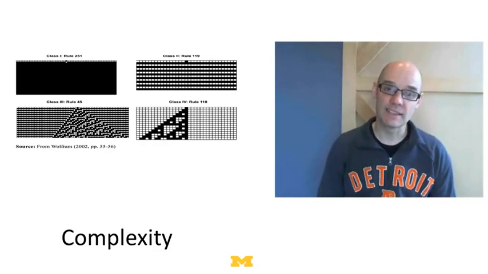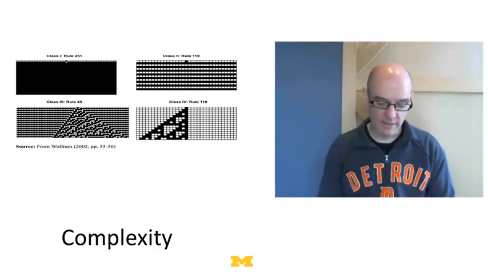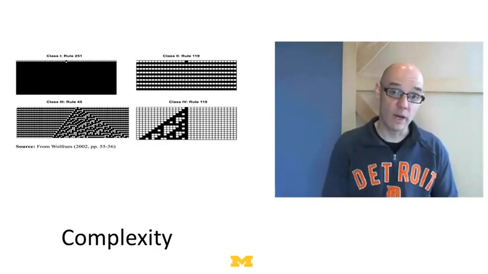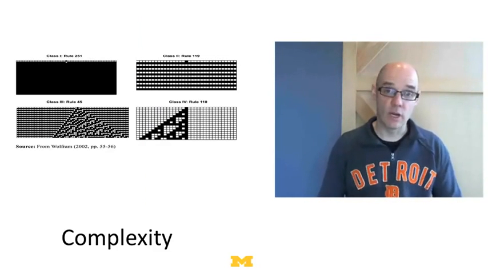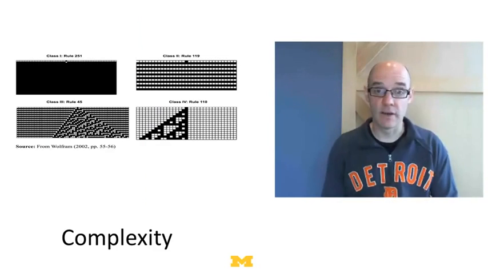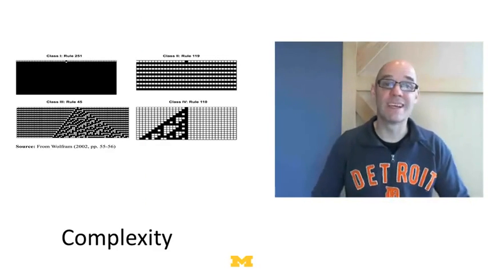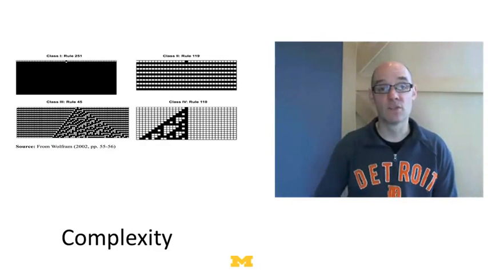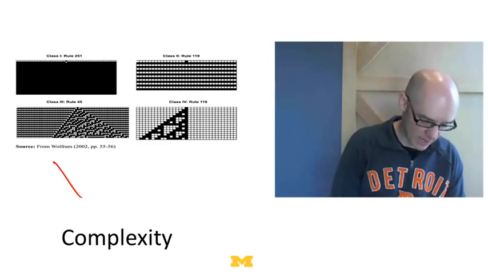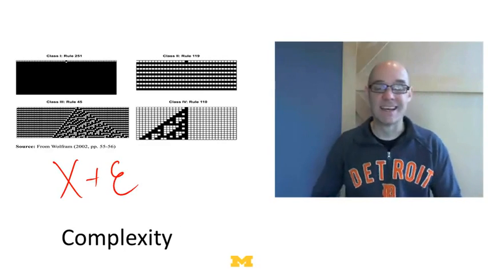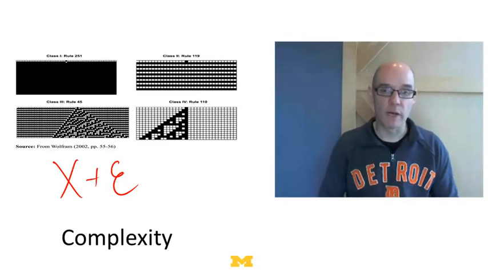Fourth reason is complexity. Now, remember we talked in our models about how systems can go to equilibrium, they can be periodic, they can be random, or they can be complex. When there are lots of little interacting things, those can produce all sorts of interesting patterns that are complex that we really can't predict. So if the world is really complex, we may not know what's going to happen, so we say, okay, well, X is our best bet, but because I don't really know what's happening, I'm going to throw in an error term just because that'll correct for maybe what I get wrong.